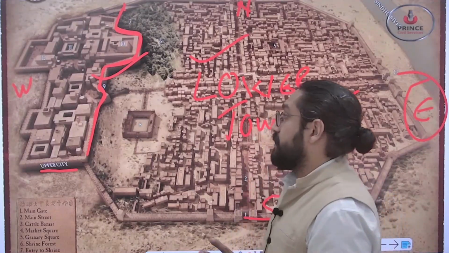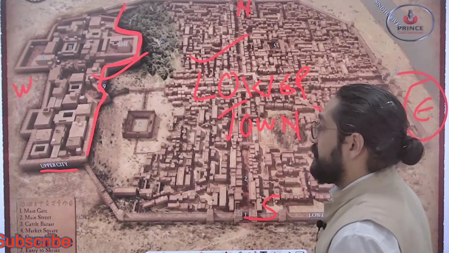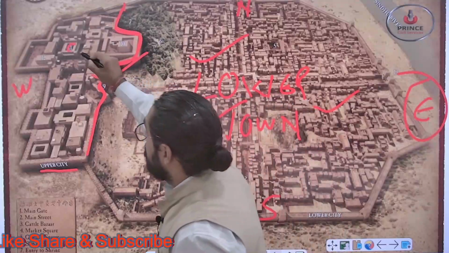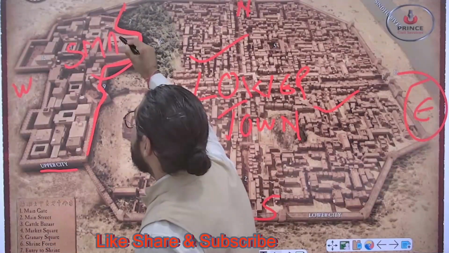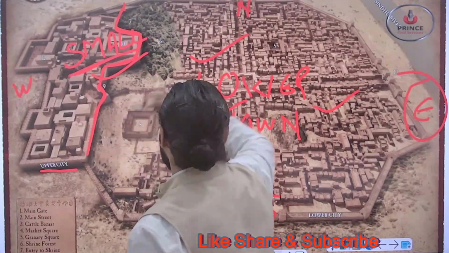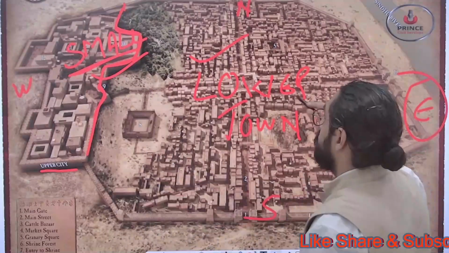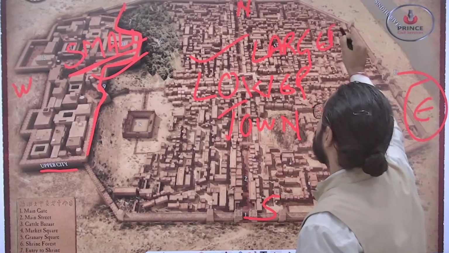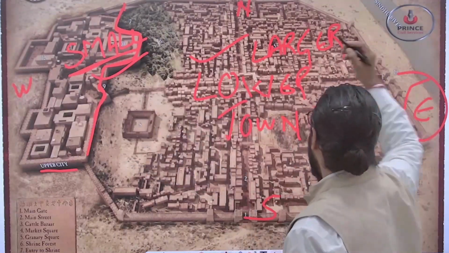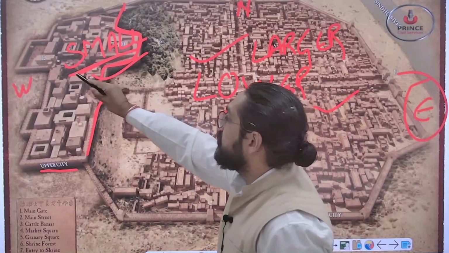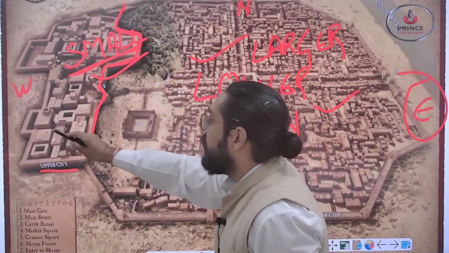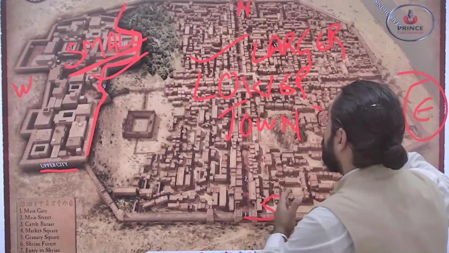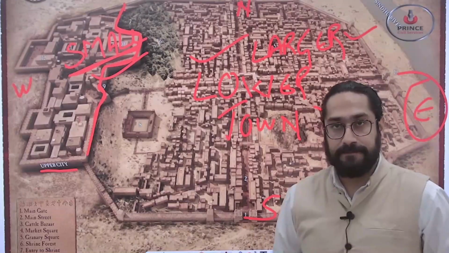The number two difference is that, you can see, it is small in size. As compared to Lower Town, it is smaller. So Lower Town was larger. One difference is about the direction, west and east. The second difference is about the size. The Citadel was small in size and the Lower Town was larger in size.